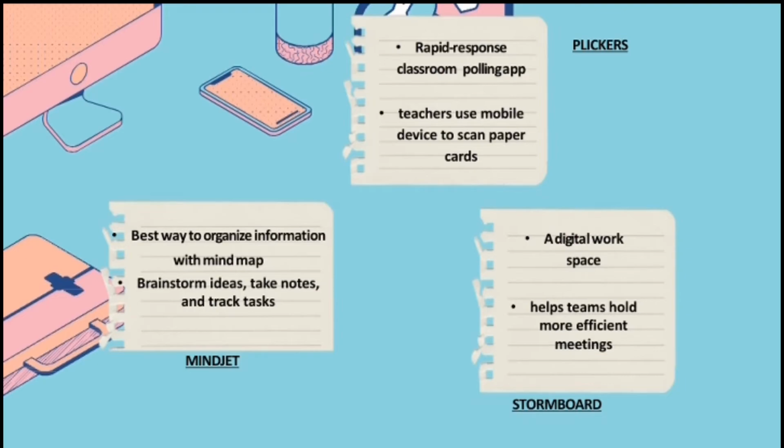Stormboard, a digital workspace. Stormboard helps teams hold more efficient meetings. Mindjet is the best way to organize information with mind maps. It also helps with brainstorming ideas, taking notes, and tracking tasks everywhere you go.